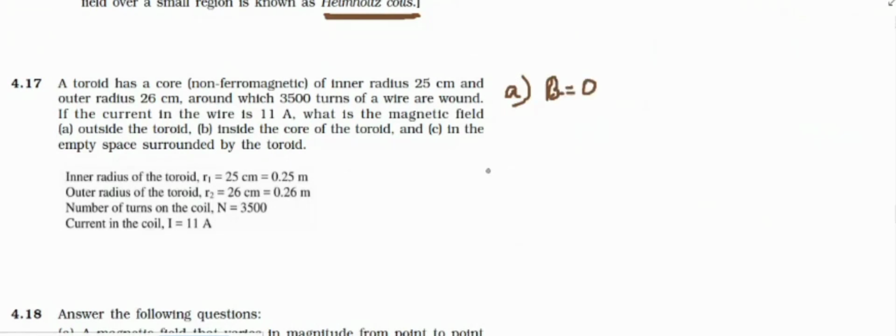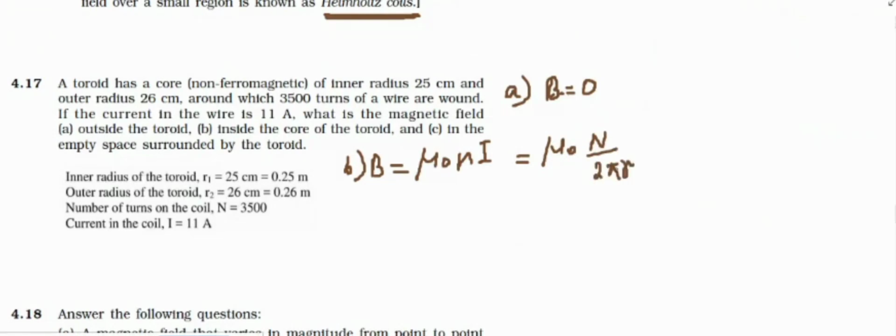Then, inside the core of the coil, B is equal to mu naught n I, that is equal to mu naught into n, where capital N upon 2 pi r, because it is circular, the length is 2 pi r, into I. Then you can substitute the values, you will get the answer.